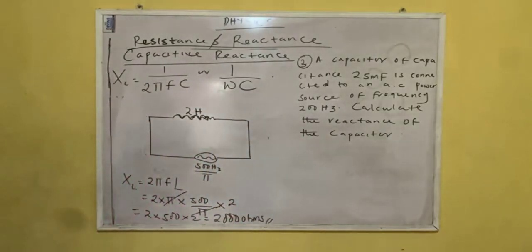So this one now, if you look at the question, it is very clear. We are told to find, what are we looking for? Let me go back to the question. Find the reactance of a capacitor.